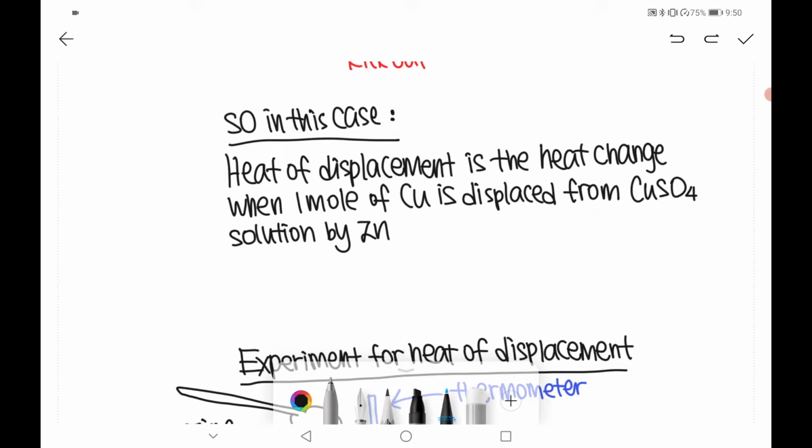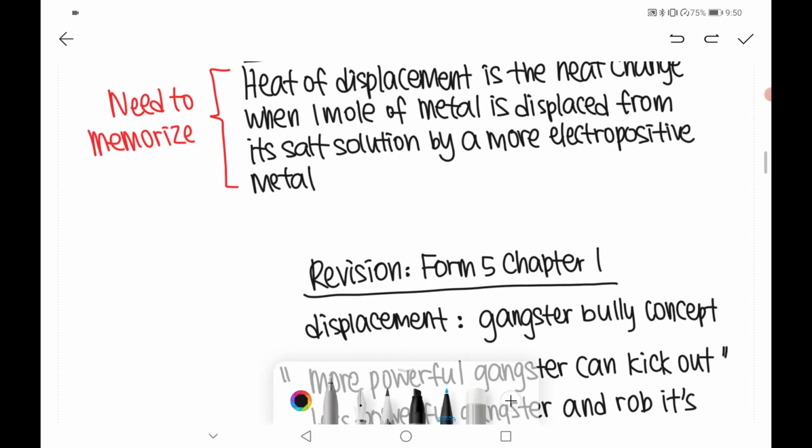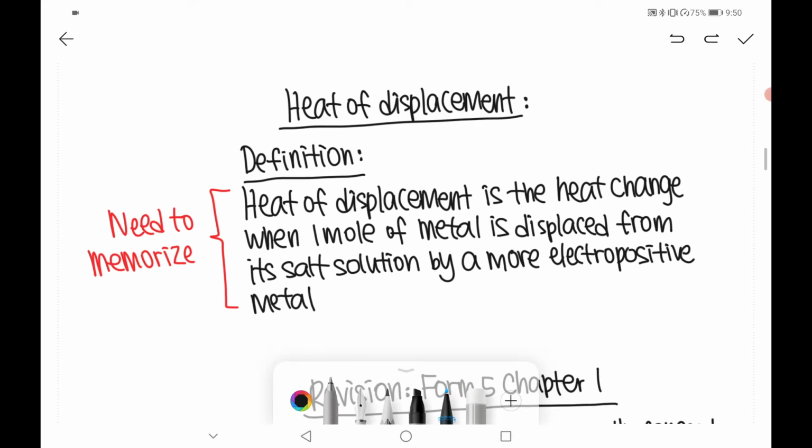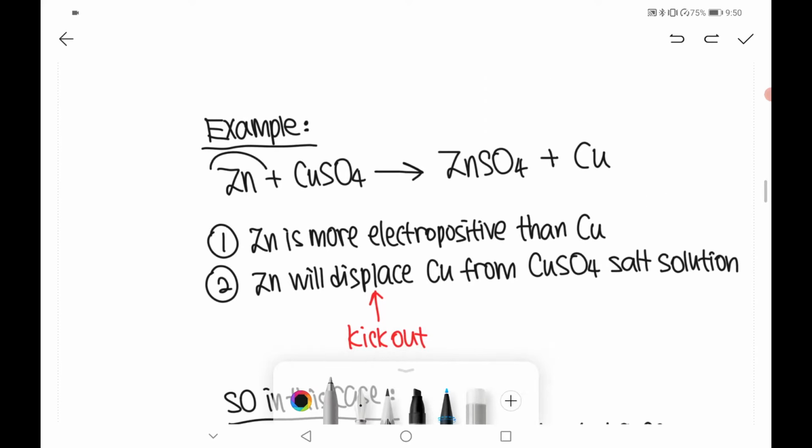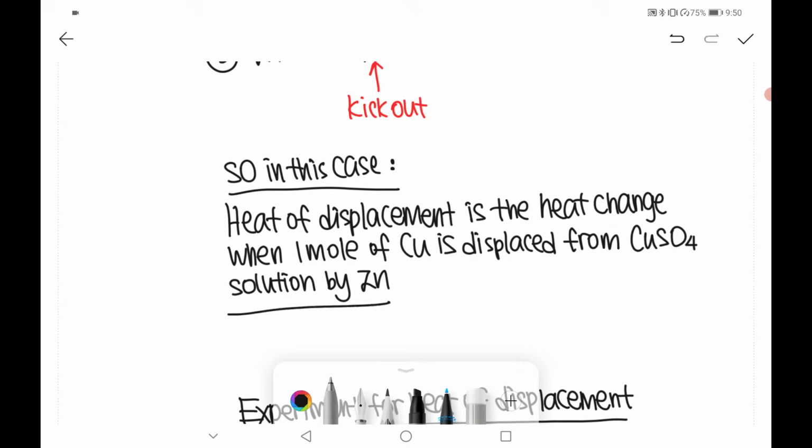Who kicked the copper out? A more electropositive metal, the more powerful gangster. In this case, zinc is the more powerful gangster, so the zinc will kick the copper away from the copper sulfate.